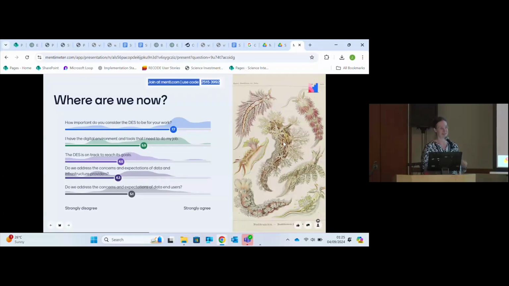When we have done this before, it looked a little bit different. So that's interesting to see how different communities perceive the situation right now. And the question of whether we are on track to reach our goals, that seems to be, we don't know. So we could certainly improve that.